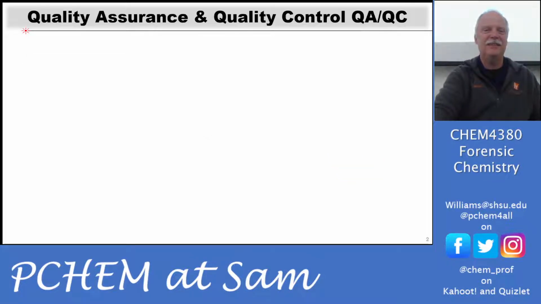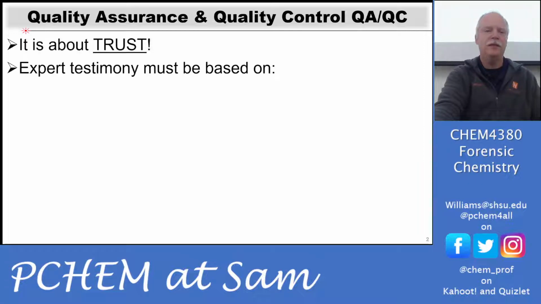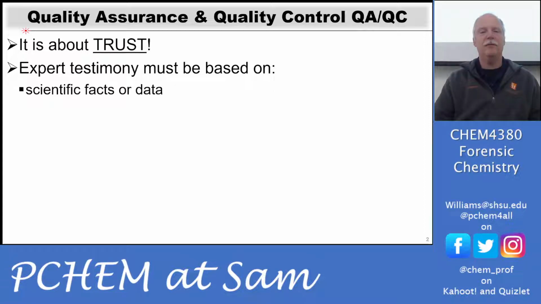So this is this whole idea. Remember, this beginning part of the course is about trust and trust in your data. So you really need to know how to report your data and how to understand the data and to understand the communication that you're conveying when you report data. Since it's about trust, our expert testimony, and you may not be the person doing the expert testimony, it may be somebody that's using your results. So it may even be one level removed from you.